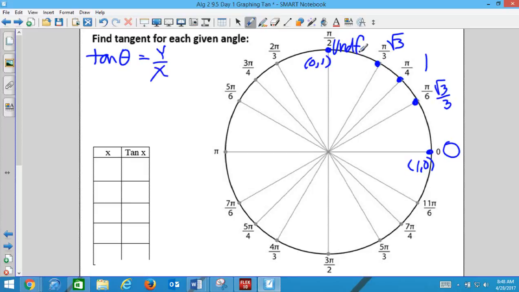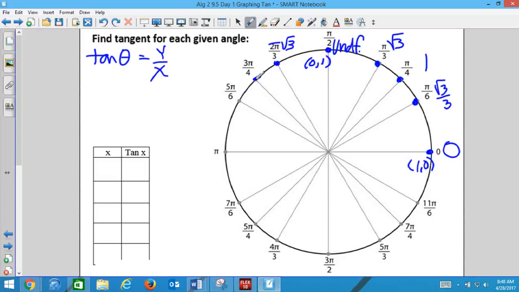And then we go to the next quadrant. And what happens to tangent in the second quadrant? It's negative. It's when we do the all students take calculus, the only sign that is positive here is sine. So tangent is negative. So we're going to use these same values. This one is another 60 degree reference angle, so it's going to be the same value as square root of 3, but it's negative.